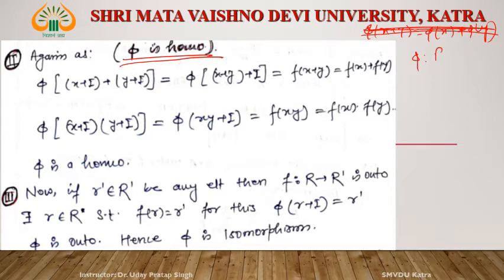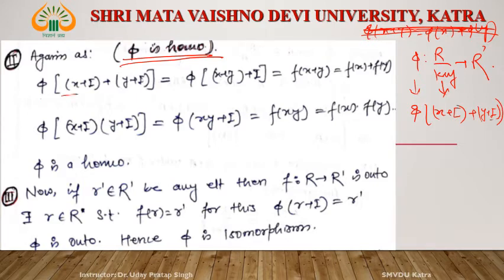Phi is a map from R by kernel of f to R prime, defined on the elements x plus I. So we have to show phi is a homomorphism, and for that we take another element y plus I and consider phi of (x plus I) plus (y plus I).